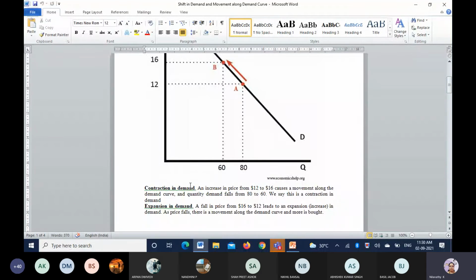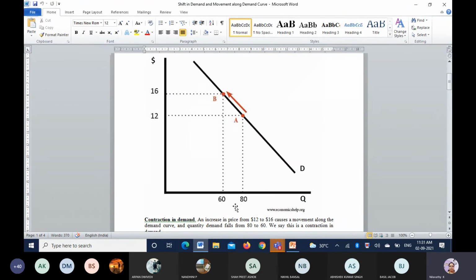So when the price of any commodity is increasing, we know that the demand will decline. For example, if the original price is 12 rupees, the demand is 80 units of some particular unit.